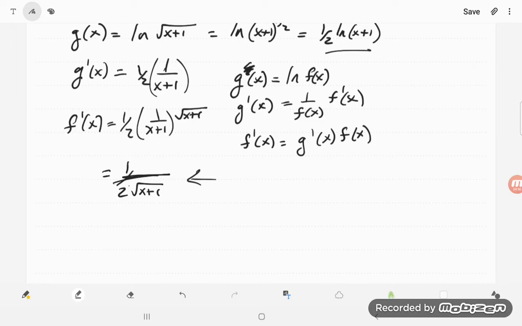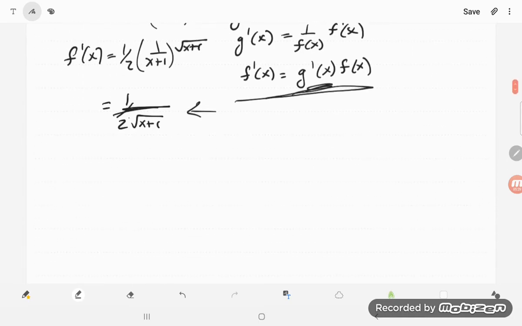But what's really nice is, from this relationship, if I want the derivative of the function inside the logarithm, I can take the logarithm of that function, take the derivative that way, g prime, and then just multiply by f of x, and I get that derivative.